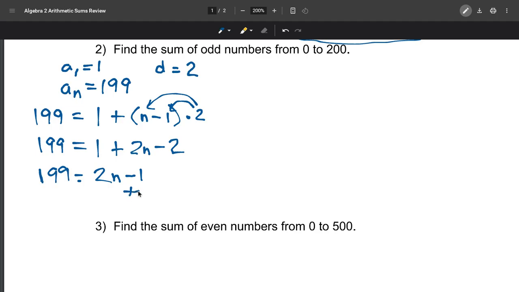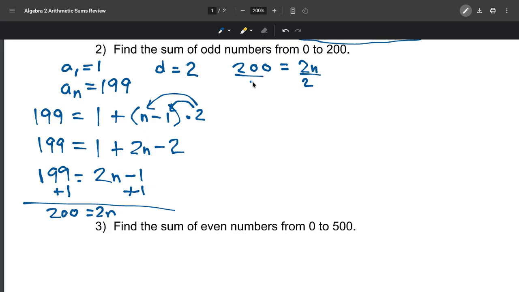We're going to add 1 to both sides. So we got 200 equals 2n. Let's bring this up here. So 200 equals 2n. Divide both sides by 2. 100 equals n.